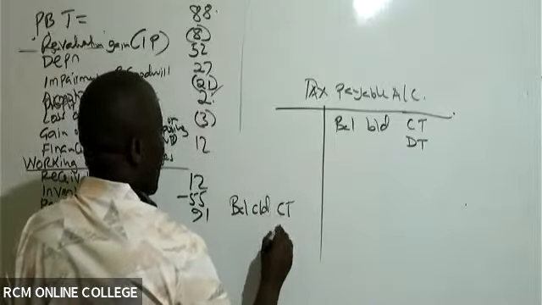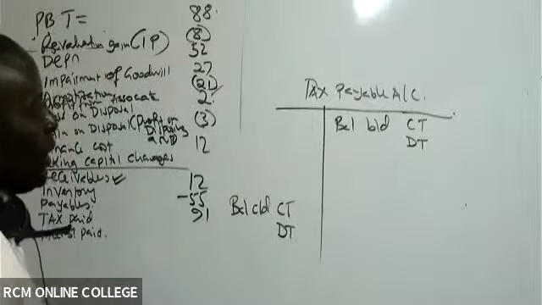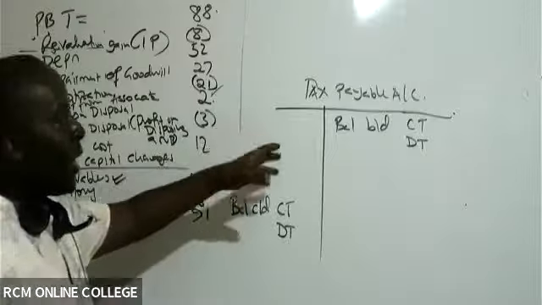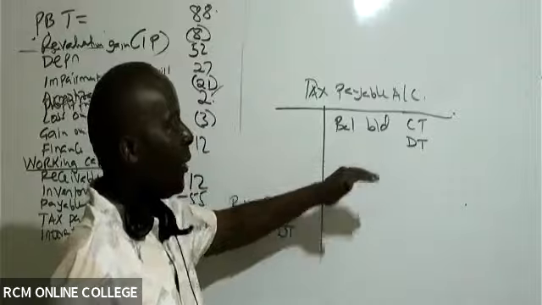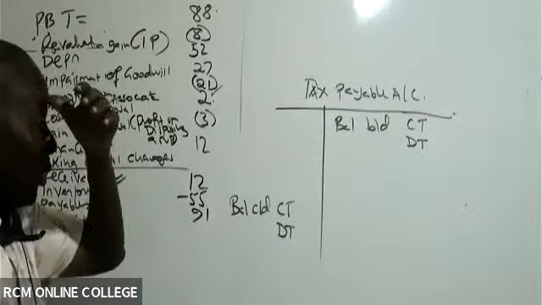So current tax, deferred tax. CT stands for current tax. Very, very easy. Remember, tax payable is a liability account, so we bring down on the credit side. So balance brought down.